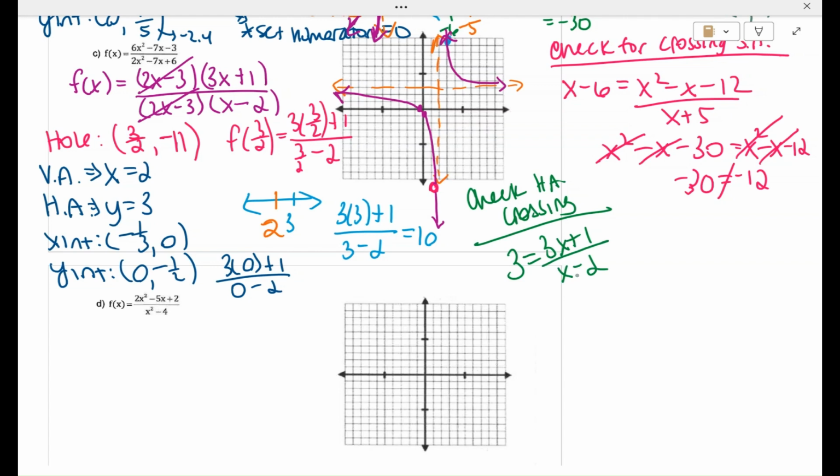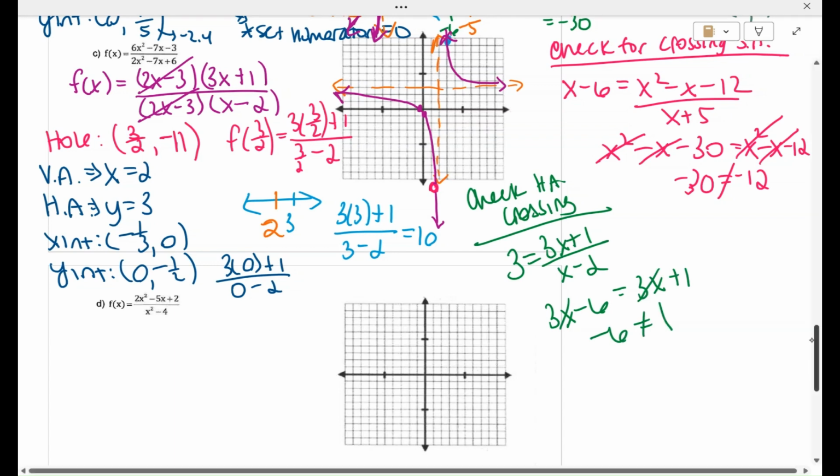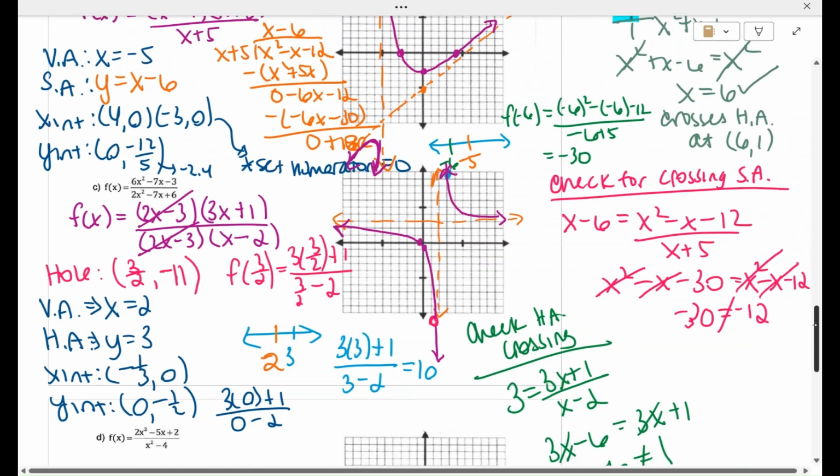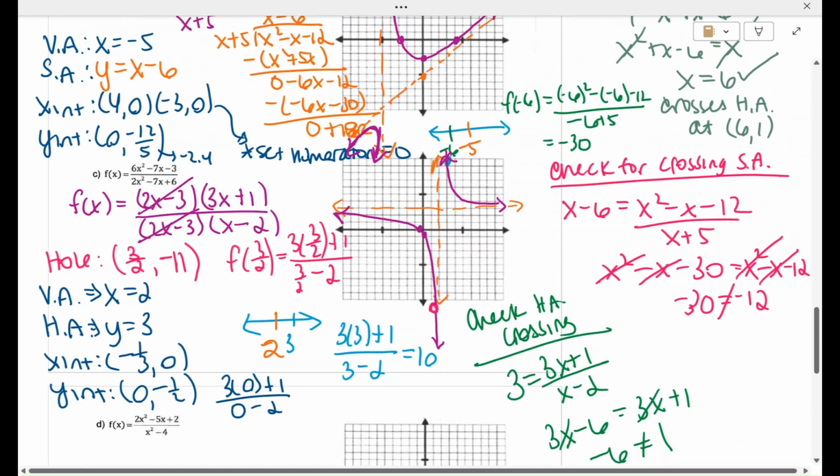Then we'll multiply by x minus 2 on both sides. So this will be 3x minus 6 equals 3x plus 1. The 3x's cross out. Negative 6 is not equal to 1. Therefore, it does not cross the horizontal asymptote. No need to change the graph at all. So there we have it.